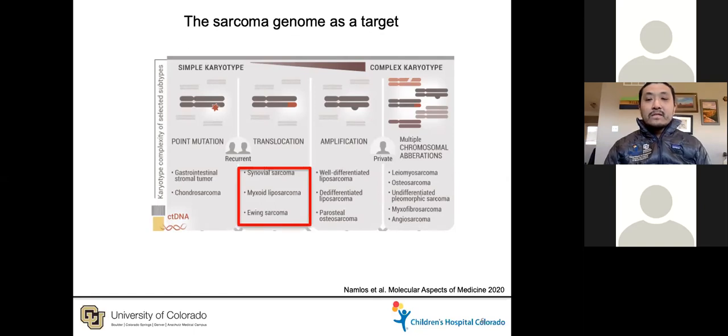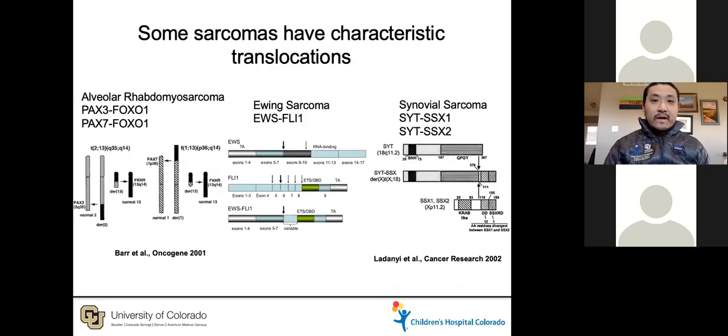The easiest target that people thought they could use for liquid biopsies in sarcomas was these translocation-driven sarcomas, which have very characteristic translocations for each tumor. For example, alveolar rhabdomyosarcoma, though the name alveolar is starting to phase out because that's a morphologic distinction, is driven by a FOXO1 fusion gene.